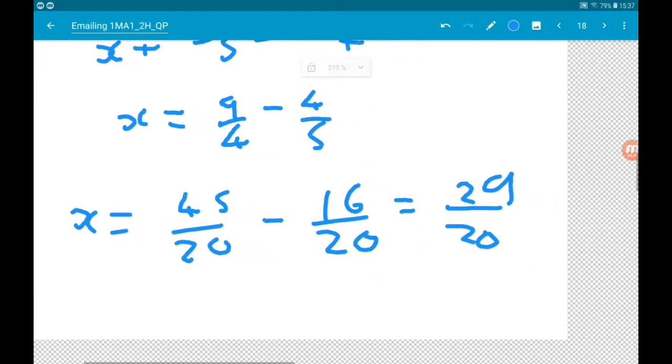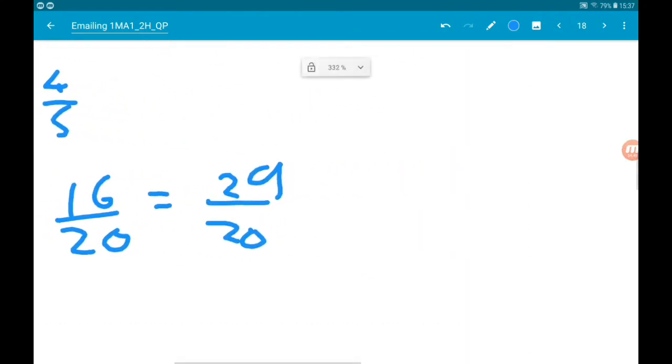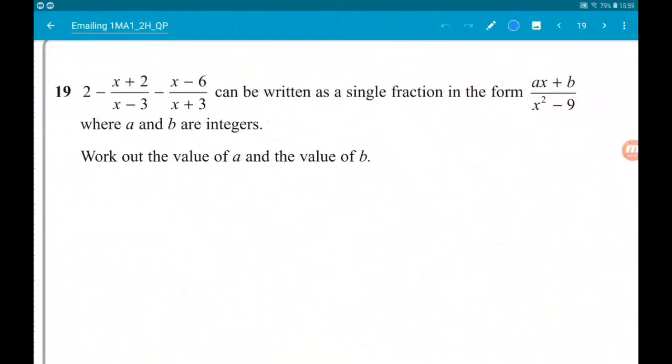Now that should be fine. We could write that as 1 and 9/20. Cool.